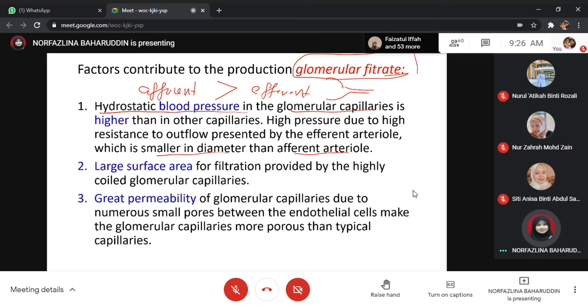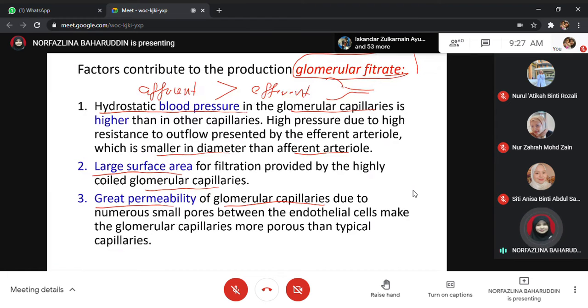What else? Large surface area for filtration provided by the highly coiled glomerulus capillaries. So you have a ball of capillaries, right? So it provides a large surface area for filtration. And lastly, great permeability of the glomerulus capillaries. Why great permeability?